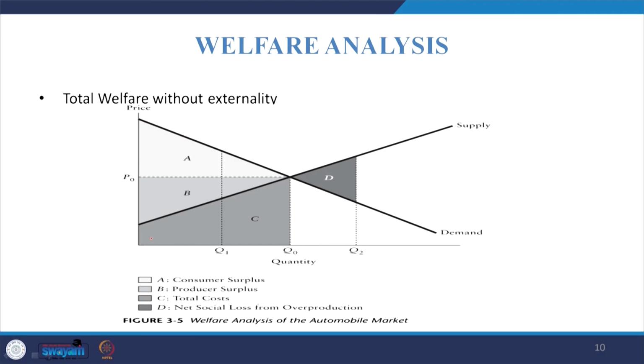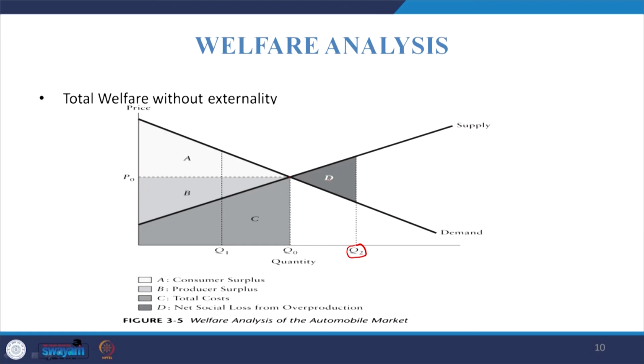But if the company increases output above the equilibrium level of output, that is OQ, and produces OQ2, what will happen? There is a gap between supply and demand, and this gap is the D part. So, D part is the net social loss due to the overproduction of the product.